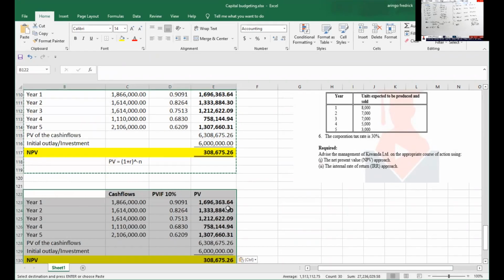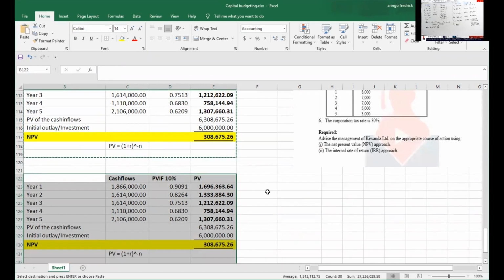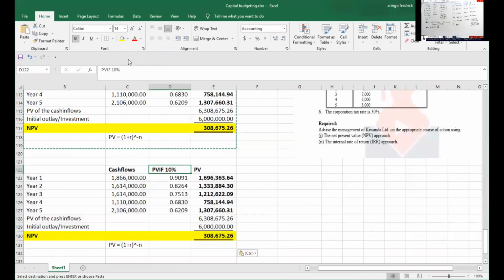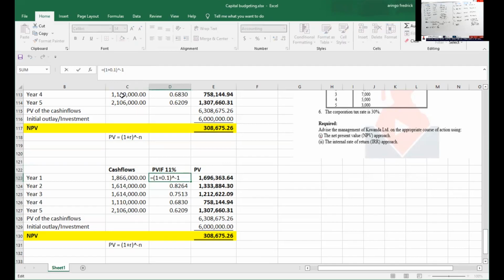So this time round, my good students, what we want to do is use our present value interest factor. We want to use 11%. So therefore, that will make our work easier. I'll just come to my formula here, where we have 10%, and therefore I'll insert 11%.